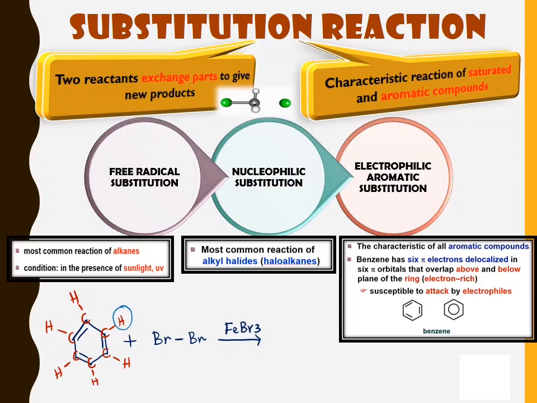You can choose any hydrogen and one of the bromine will replace the hydrogen. So the product that you will get here is like this. The hydrogen is removed and we substitute with bromine. The hydrogen removed will combine with another bromine atom to form HBr. So this is the product formed and this is the substitution reaction.